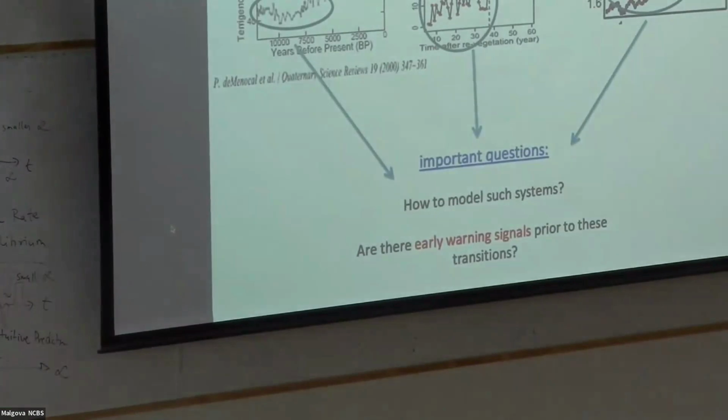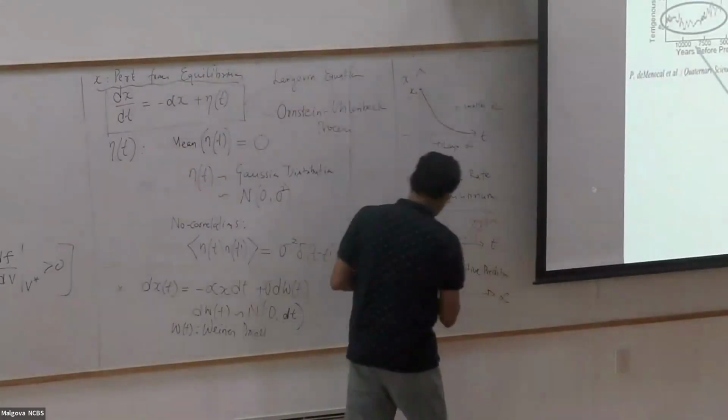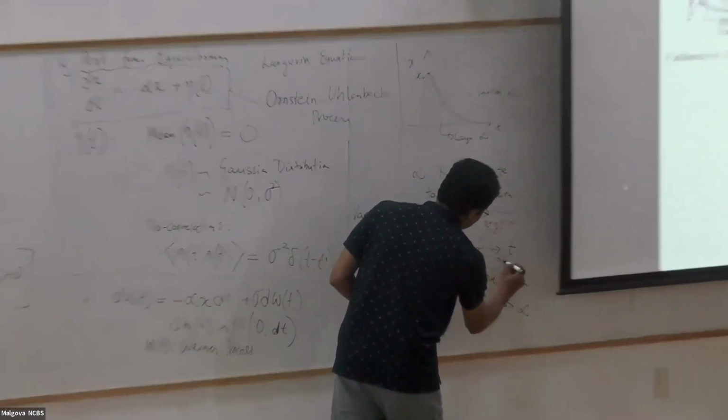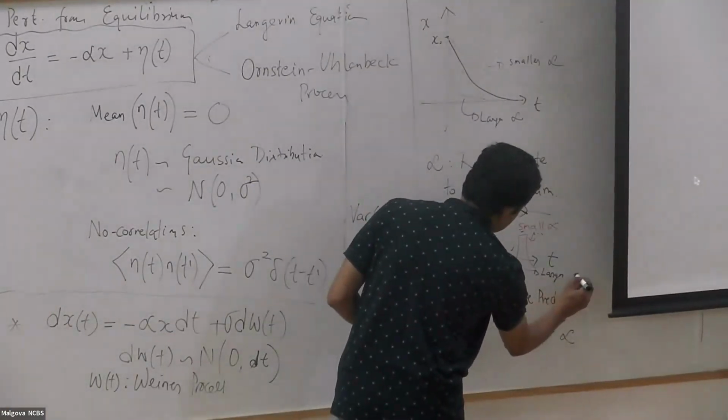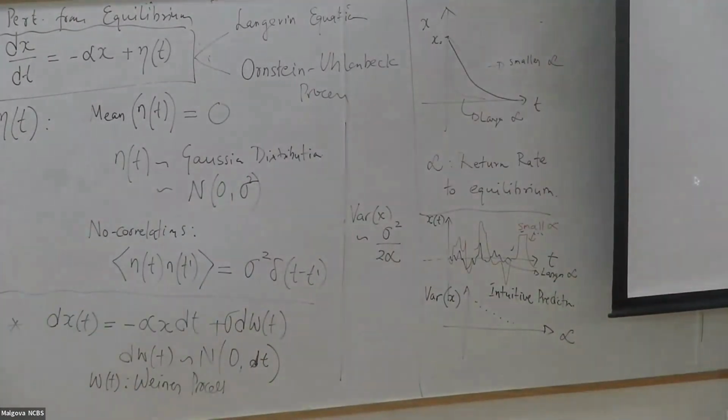Oh, right. Sorry, I messed up. So the red one is small alpha, and the other is larger. Okay, thank you. All good so far? Okay.